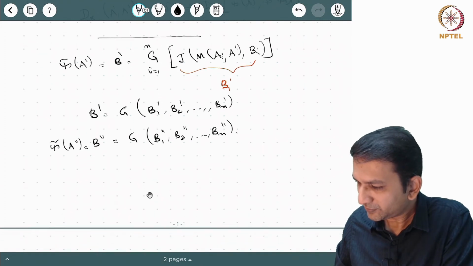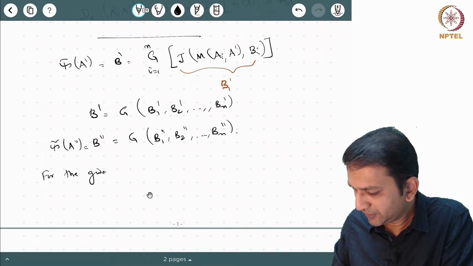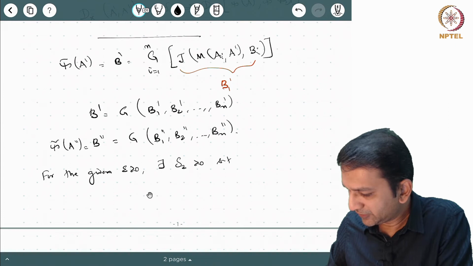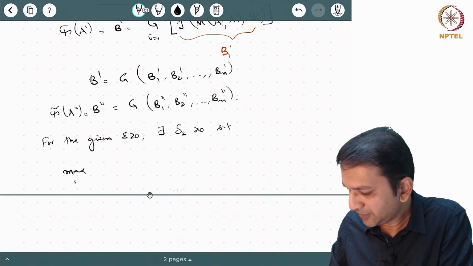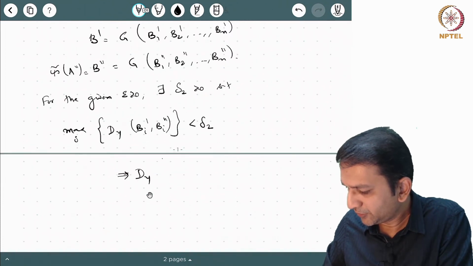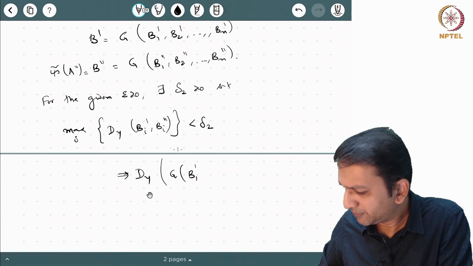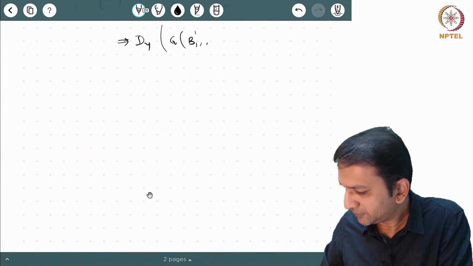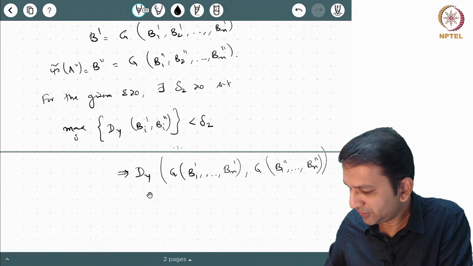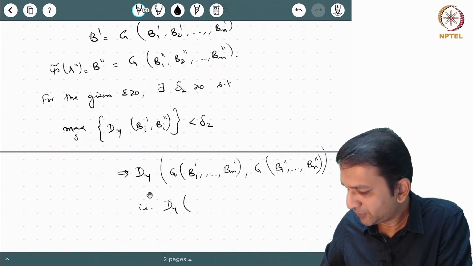So for the given epsilon greater than 0, there will always exist a delta 2 greater than 0 such that whenever the max over i of dy of Bi dash, Bi double dash is less than delta 2, then this implies dy of G of B1 dash through Bn dash, comma G of B1 double dash through Bn double dash, essentially dy of B dash, B double dash, is less than epsilon.